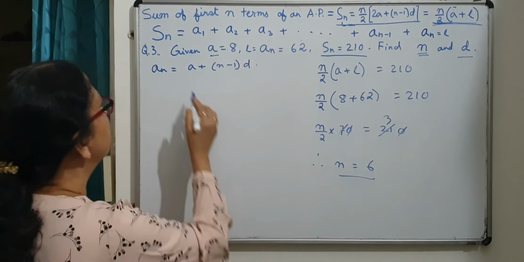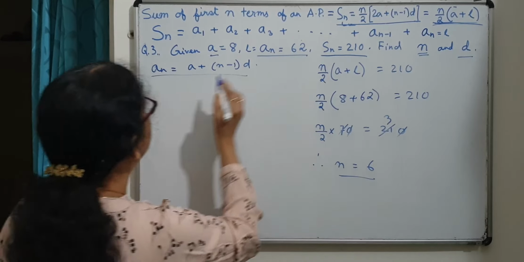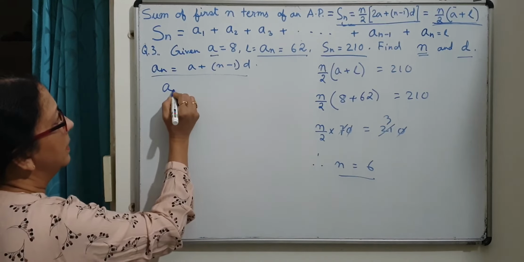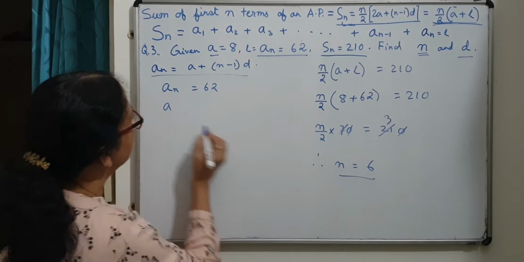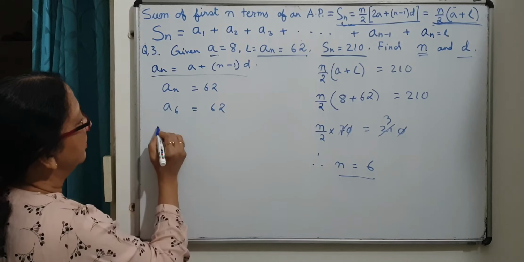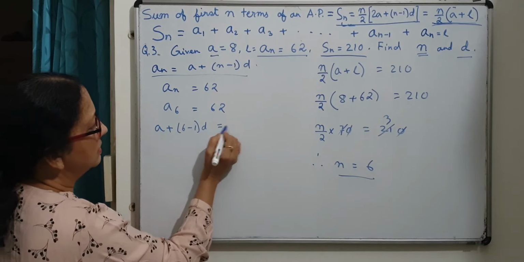For that we will be using this formula. Now this is also given, an. That means n is 6. What is given? an is 62. So n I already found, 6. So that means A6 is 62. Now using this formula I can write A plus 6 minus 1 into D is 62.